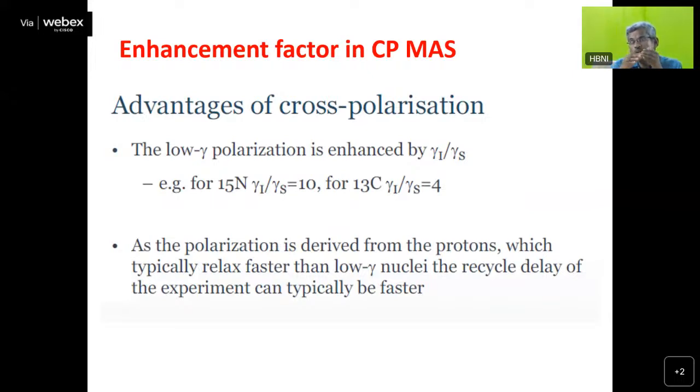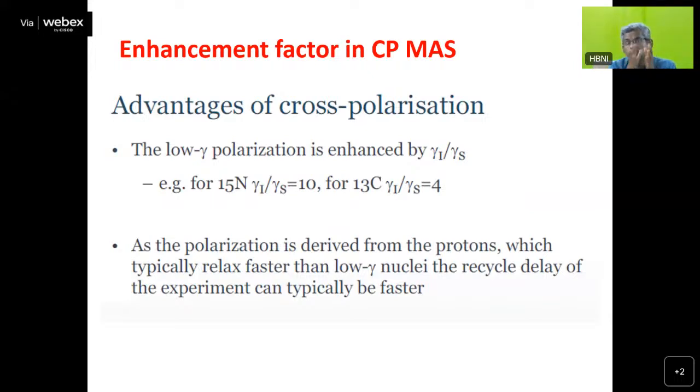So there is a 4 times enhancement in the signal intensity. And for nitrogen-15, gamma I by gamma S is around 10, so we have a 10 times increase. So if you do a cross polarization experiment with carbon-13 and nitrogen-15, the enhancement factor will be different, and we can have 10 times enhancement for nitrogen-15 and around 4 times enhancement for carbon-13.